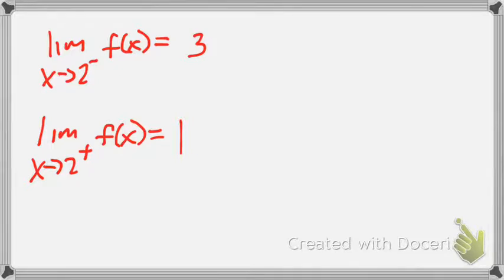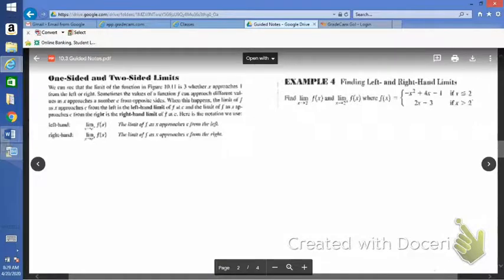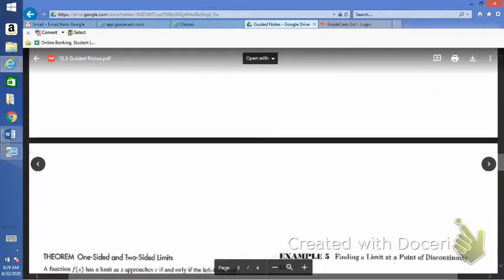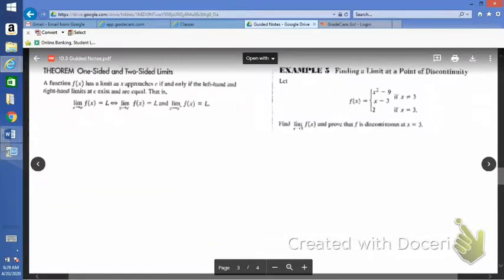Now, this brings us to a theorem, ladies and gentlemen. The one-sided and two-sided limits theorem. So a function f of x has a limit as x approaches c if and only if the left-hand and right-hand limits existing at c are equal.